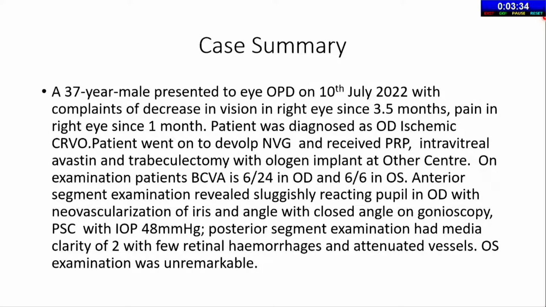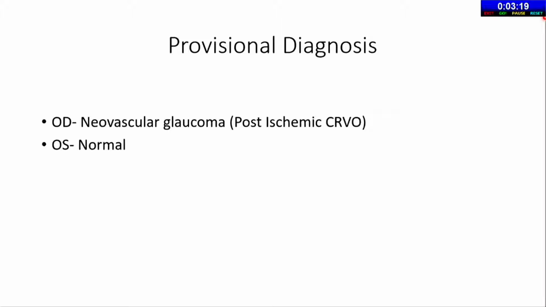Then you make the case summary: the patient had this problem, was diagnosed with this problem, and these things were done in the right sequence. And then you make the final provisional diagnosis. In this patient, it was NVG post-ischemic CRVO.